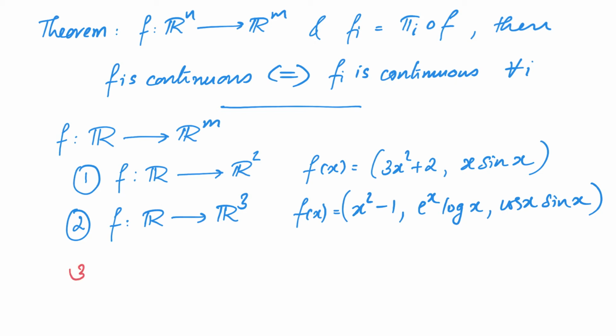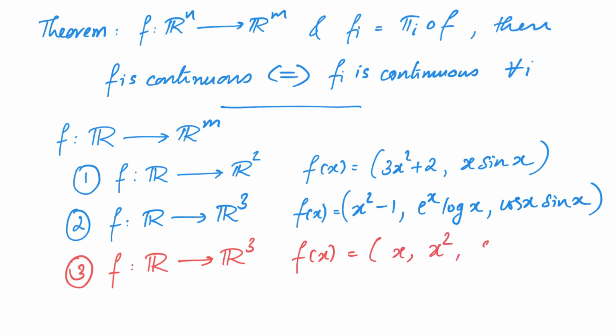Now that we have seen some examples of continuous functions, let us look at an example of a discontinuous function. For that, we just have to ensure that one of the component functions is discontinuous. One example from R to R3 is given by f of x is equal to x comma x square comma signum of x.